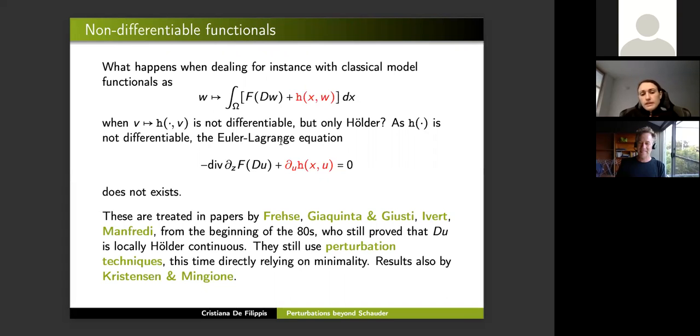The Euler-Lagrange equation simply doesn't exist. However, it is still possible to exploit perturbative arguments in this framework, okay? And this is work by Frehse, Giaquinta, Giusti, Evans, and Manfredi. And the perturbation techniques employed here strongly rely on minimality, okay?